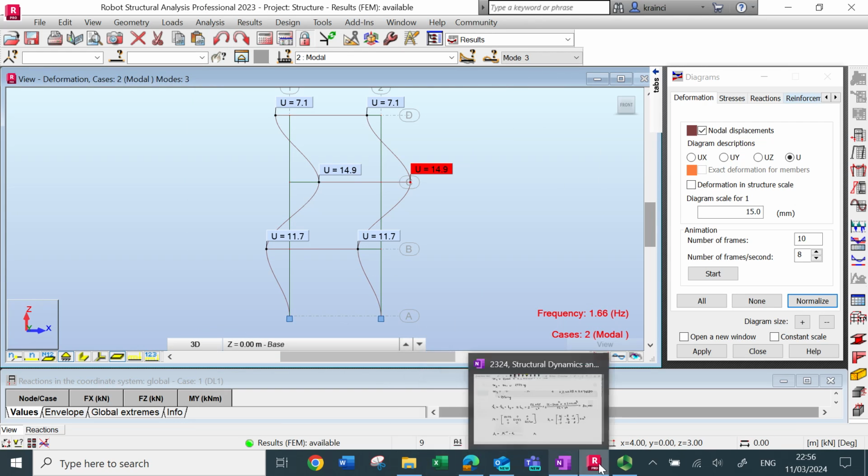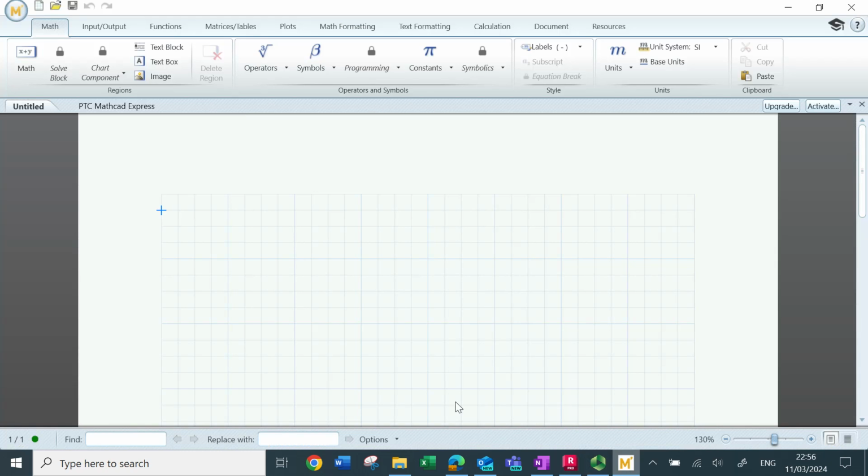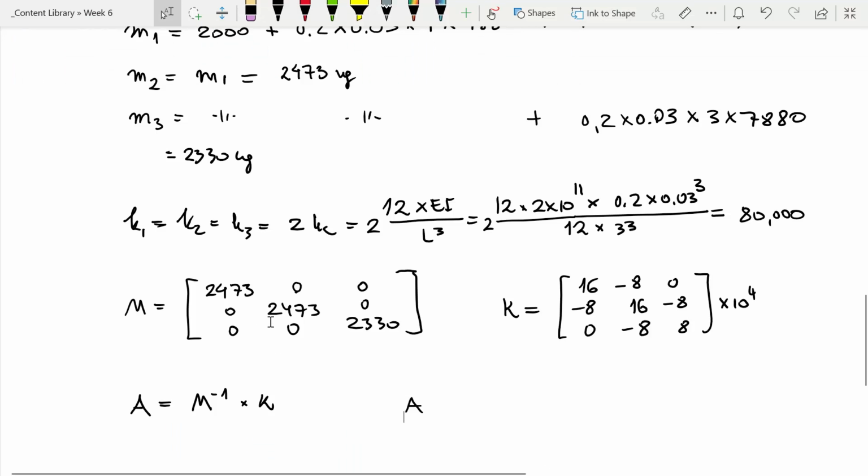I can just put in the two matrices. So M matrix, and here I will have 3 by 3. The first one was 2473.